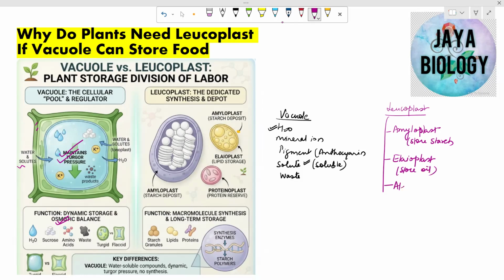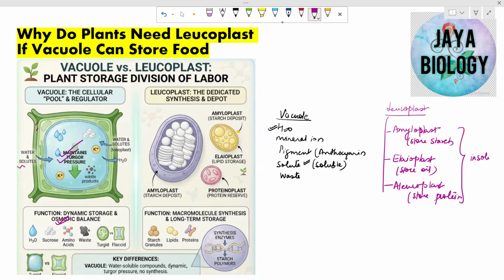Then there is aleuroplast, which stores protein. So three types of plastid store these macromolecules. They are storing the reserve food material, and if you see, all these reserve food materials are insoluble.